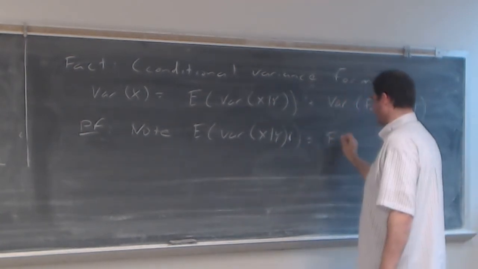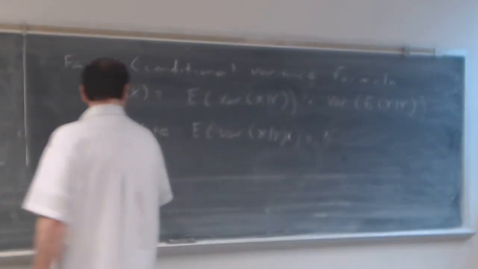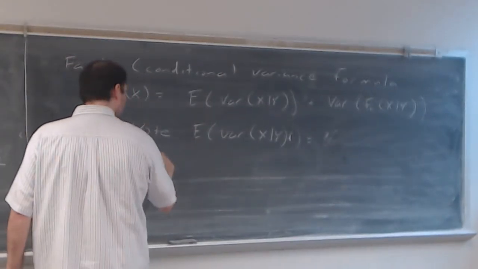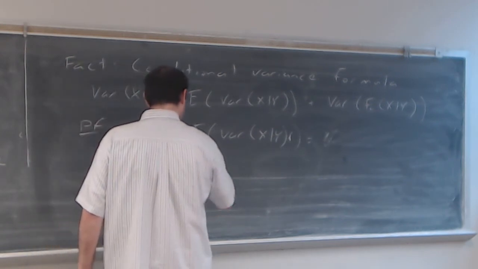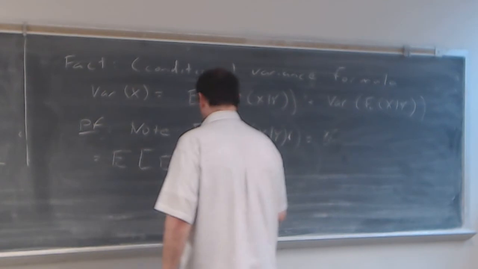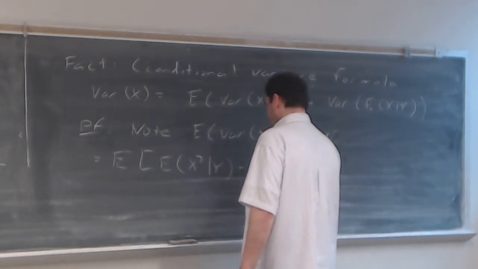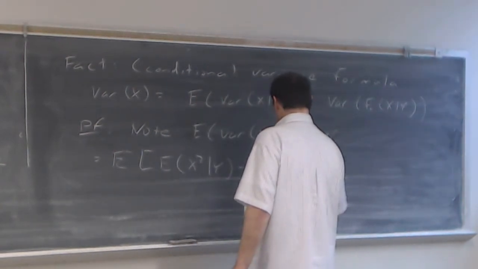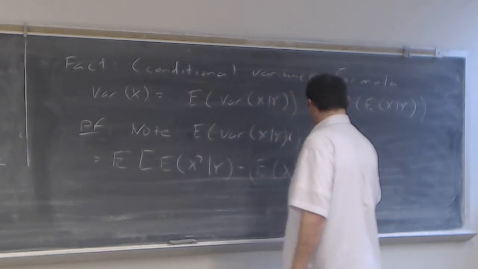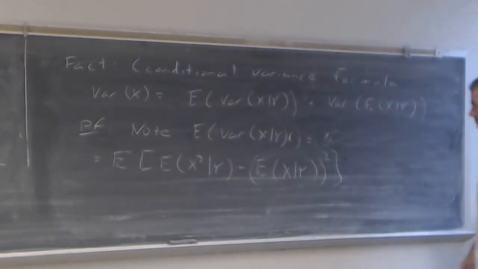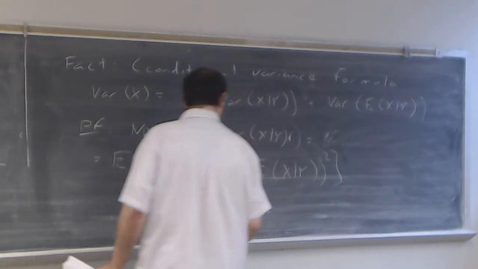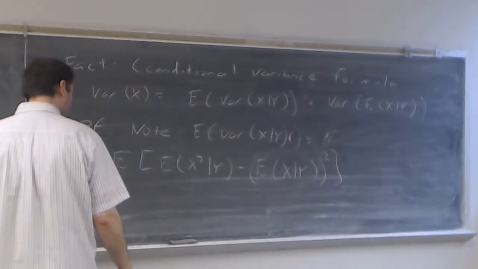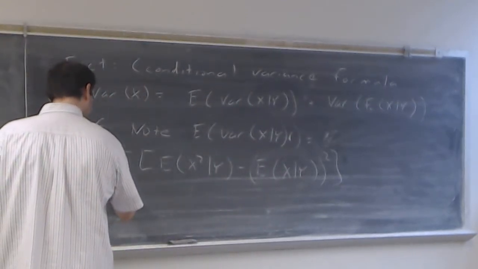So this is equal to the expected value of the expected value of x squared given y minus the expected value of x given y, quantity squared. Now, we think of these as random variables in y.